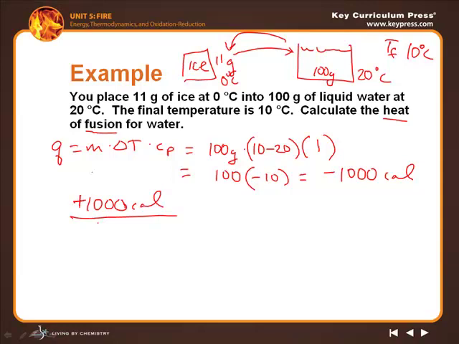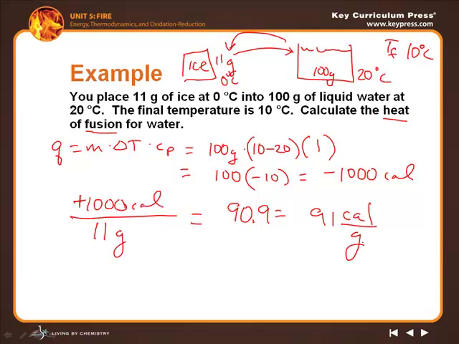How many grams of ice are we working with? Just 11 grams. So if we take 1,000 and divide it by 11, this will tell us the number of calories per gram of ice. There's approximately 90.9, or approximately 91, calories per gram of ice.